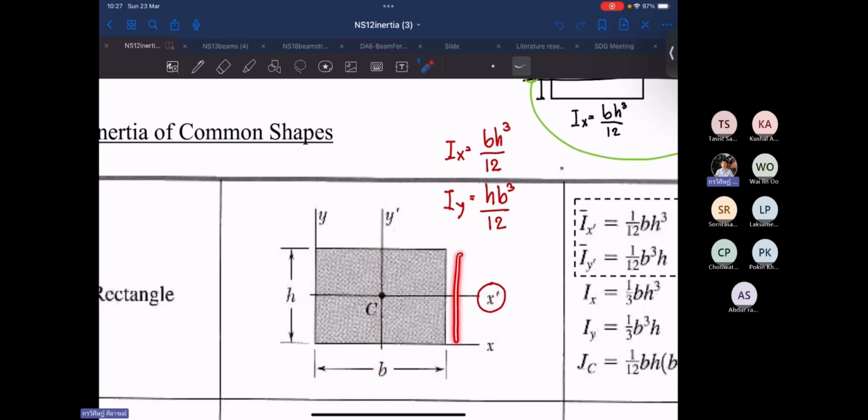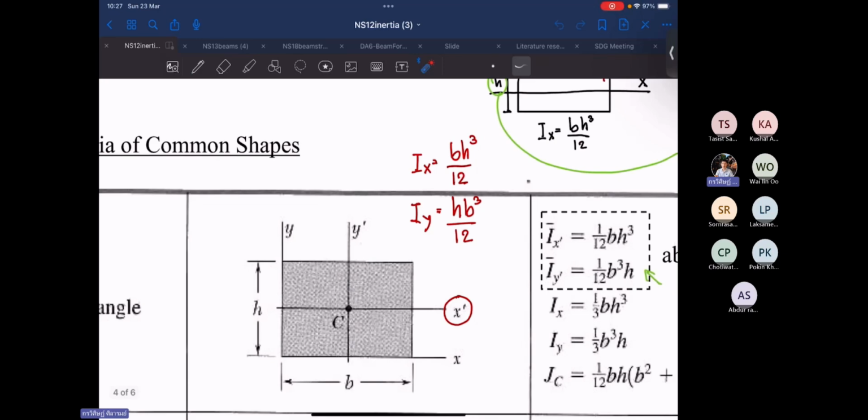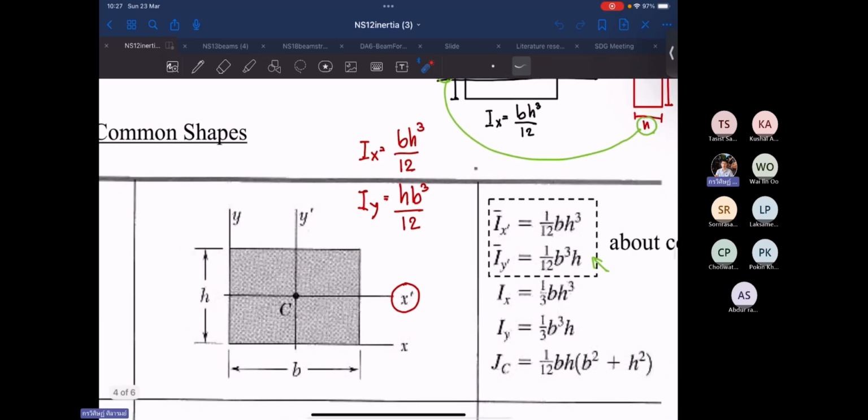Your base will be this h, and this b will be your height with respect to the y axis. So this parameter swapped. Please be careful. For x direction it equals b h cubed divided by 12, and for y direction it equals h b cubed divided by 12.